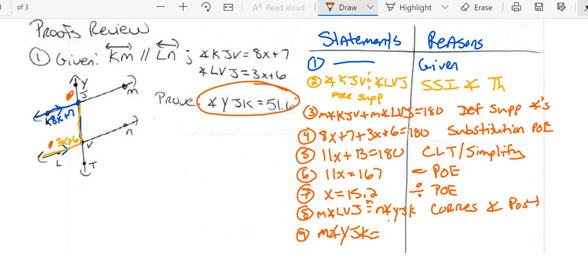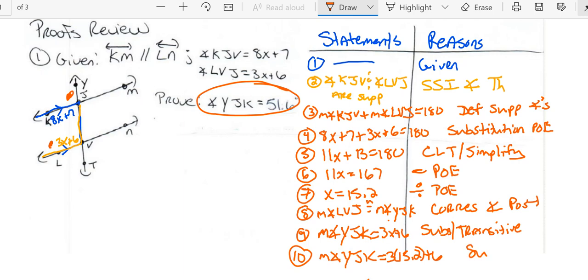So we can call this substitution or transitive. Then I would substitute again. 3 times 15.2 plus 6, substitution. Property of equality. And then 51.6, and that's going to be simplified.